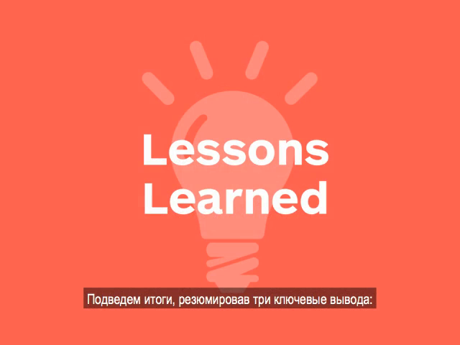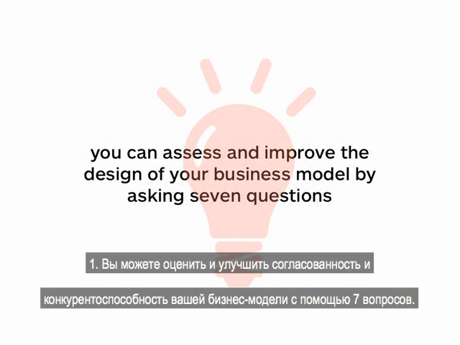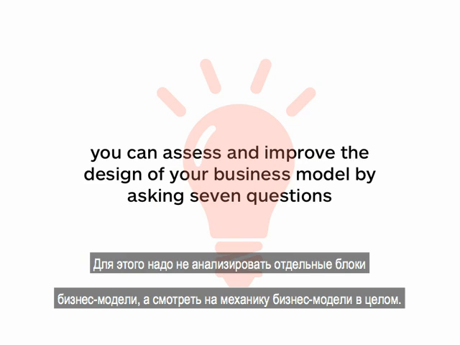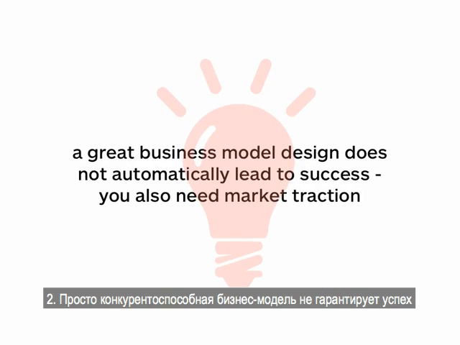So lessons learned. Let's finish off with 3 lessons learned. First one, you can assess and improve the design of your business model by asking 7 questions, by not just looking at individual building blocks, but by looking at your business model mechanics. The second one is, a great business model design alone is not enough, obviously, it doesn't automatically lead to success.